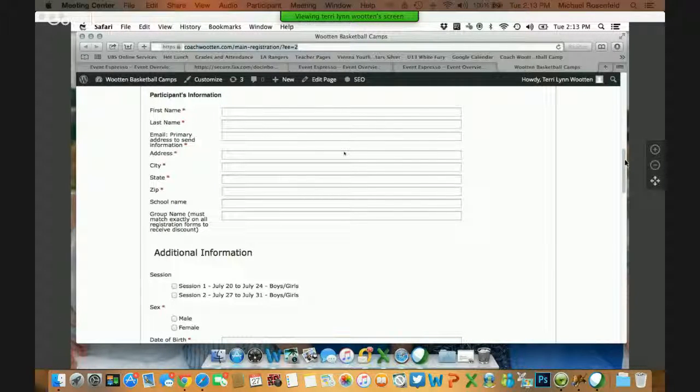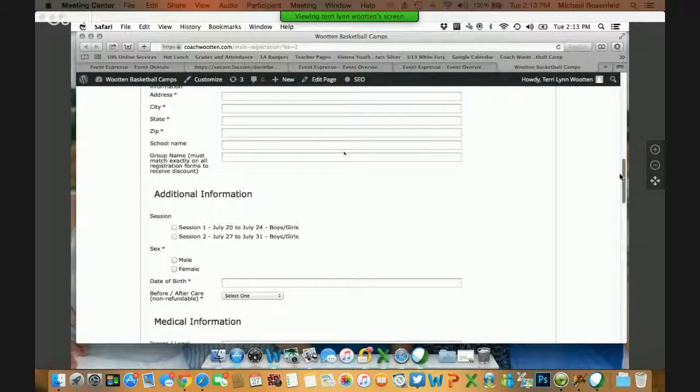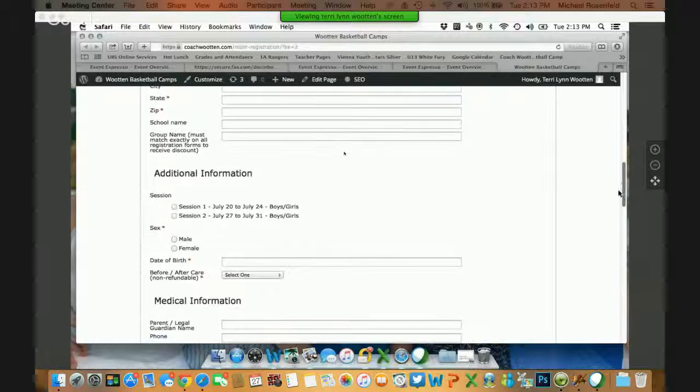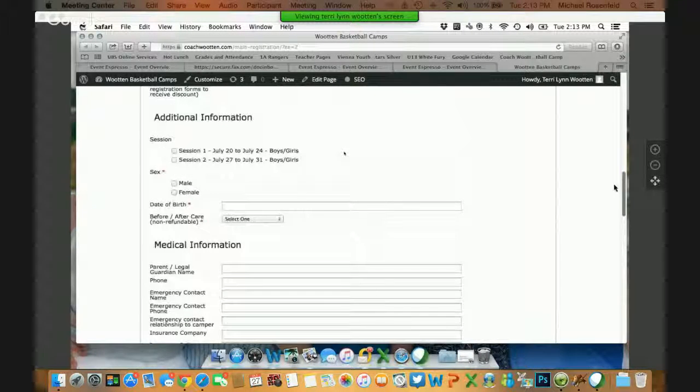Caitlin, I just realized by looking at that, go down a little bit, that on the overnight camp form, it didn't have date of birth or the sex. Oh, you're right. So we need to have sex so it can say male or female.